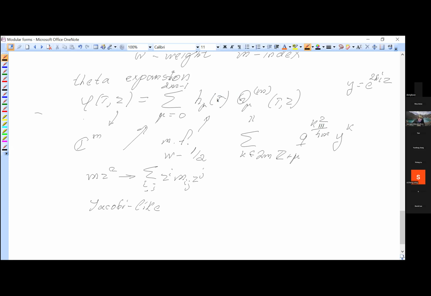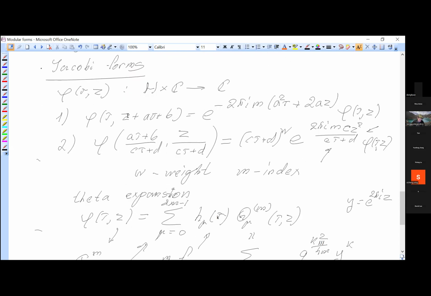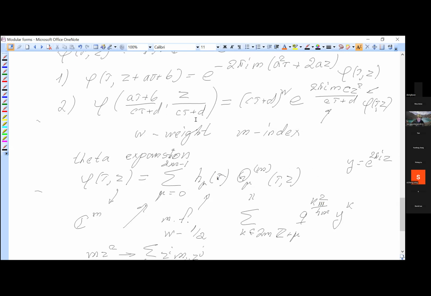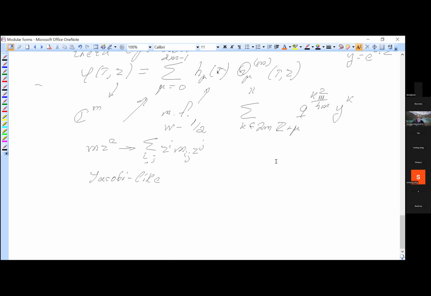So if you have a Jacobi form, by definition, from this elliptic property it follows that it has this decomposition with theta given by this fixed formula, where h mu are some functions, and from the modular property it follows that they must be certain vector valued modular forms. Okay, I see. Thank you. Yeah, some vector valued modular form. Which one, well, you don't know, of course, in general.